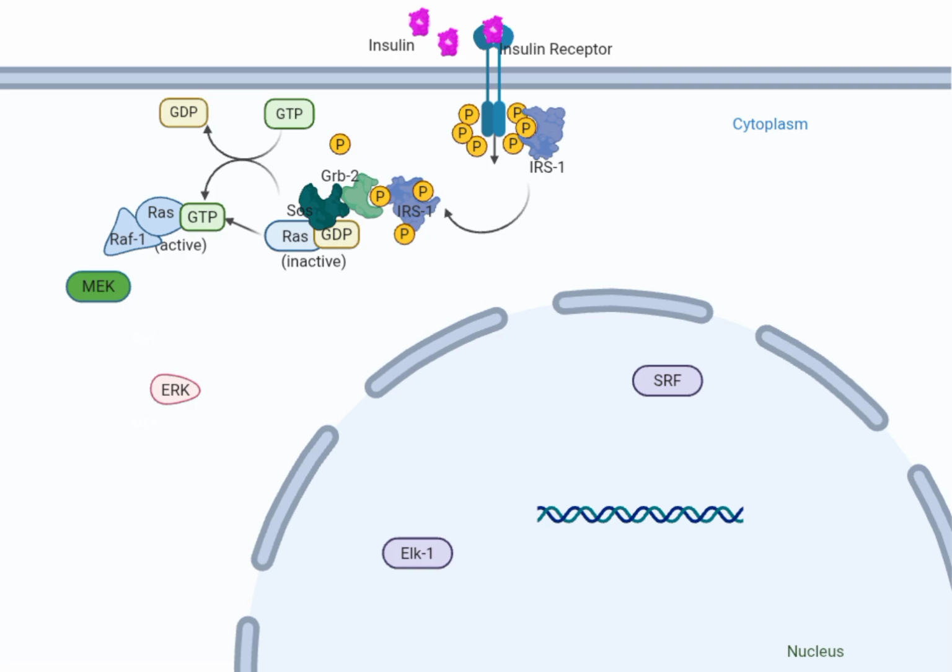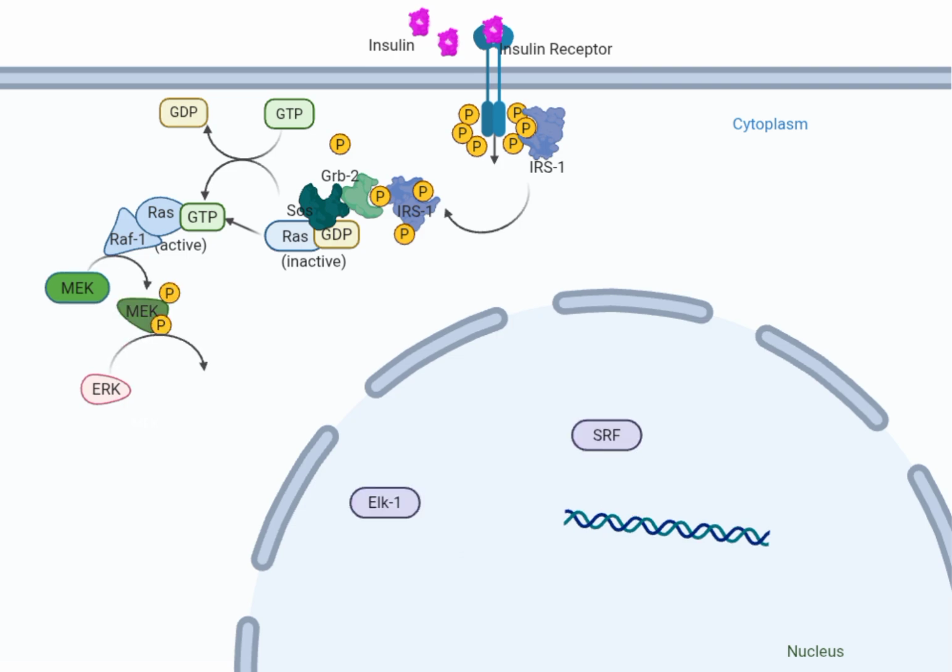This RAF1 protein phosphorylates the MEK protein. When the MEK protein gets phosphorylated, it gets activated, right? This activated MEK protein now phosphorylates the ERK protein, so the ERK protein gets activated. The activated ERK protein now goes from the cytoplasm to the nucleus.